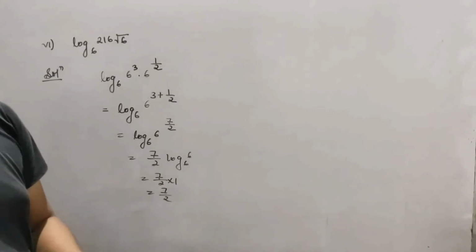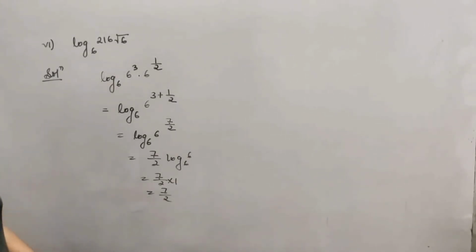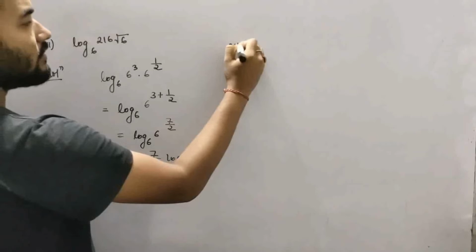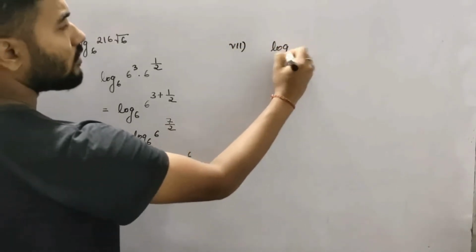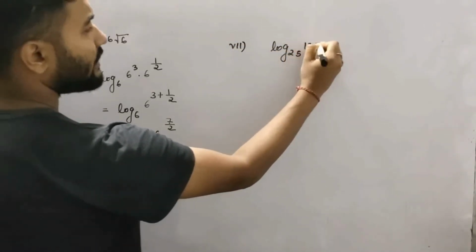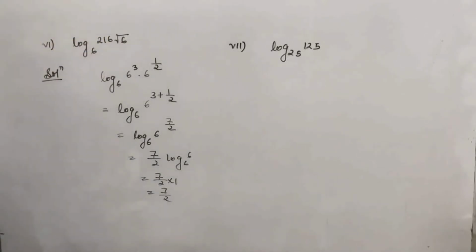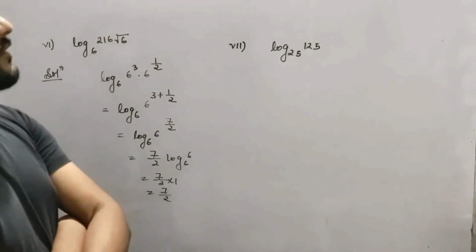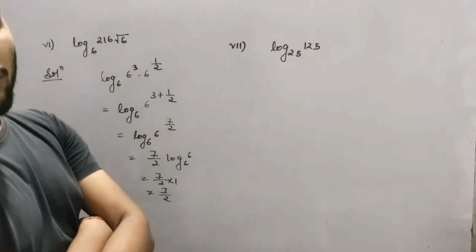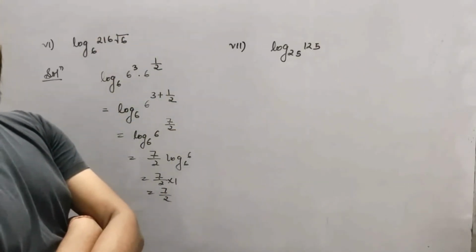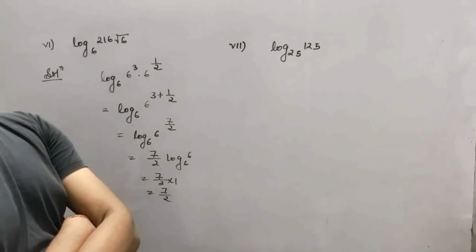Okay, next, question number 7 is log 125 base 25. How will we do this one? If we write 1 divided by, the problem will not get solved.